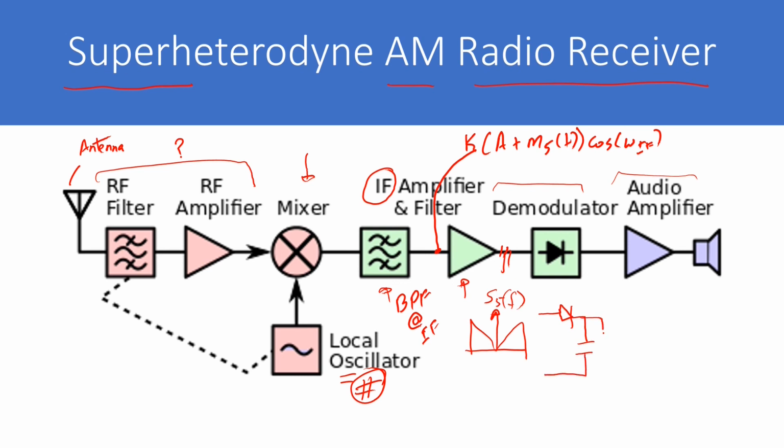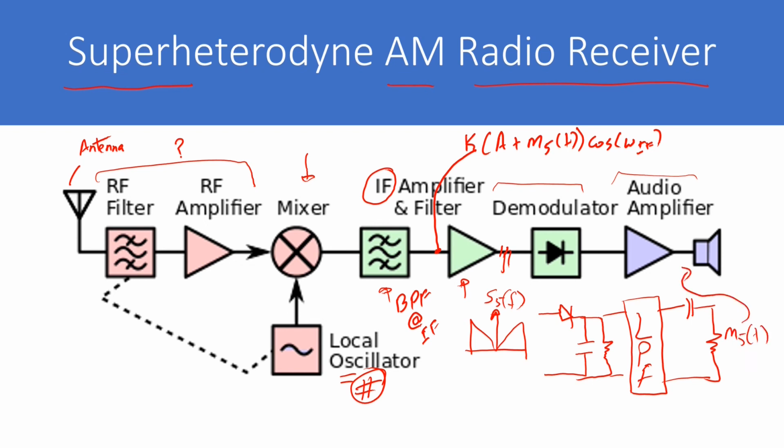Then in parallel we have a capacitor and a resistor, and then a low pass filter, and afterwards we have a capacitor in series, and eventually we have another resistor, and at this point now we have M5 of t, which is then relayed to the speaker, right? So we have tuned into a particular station S5.